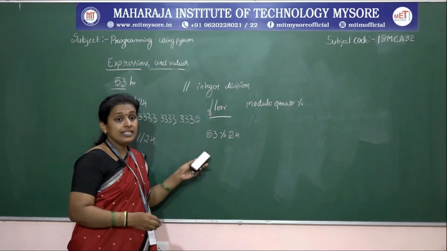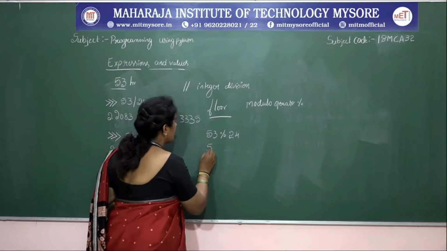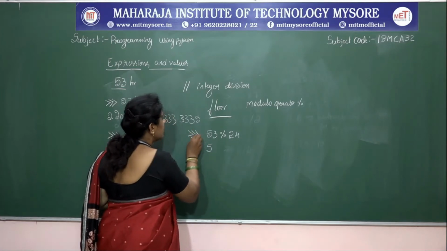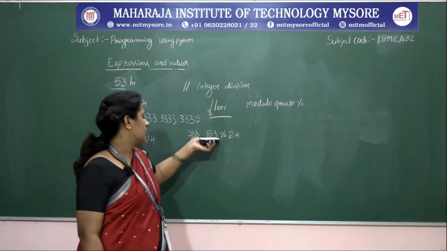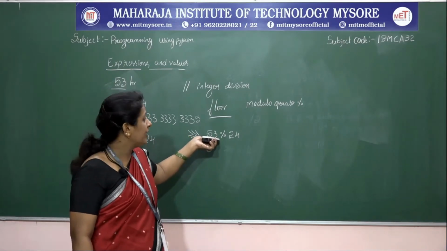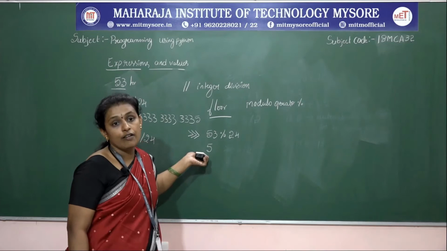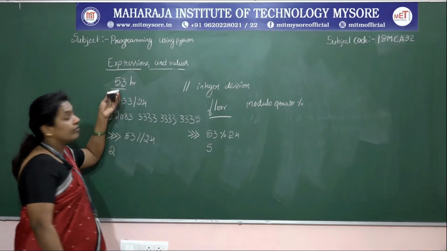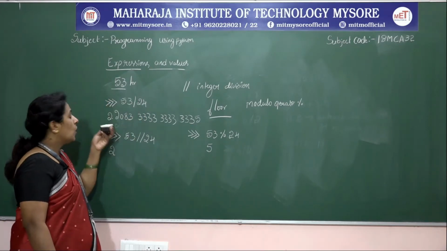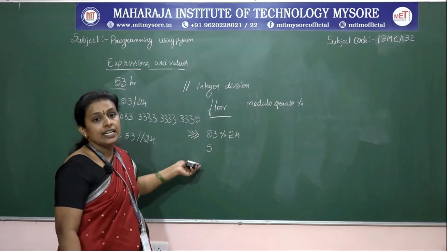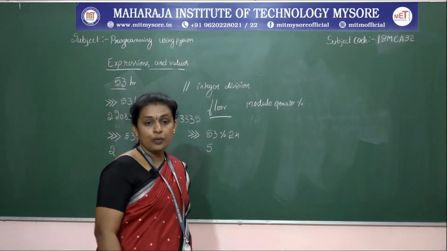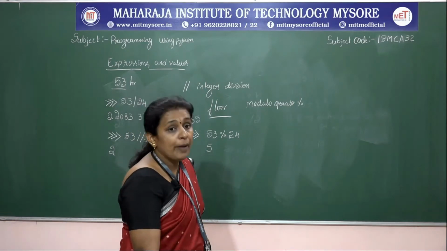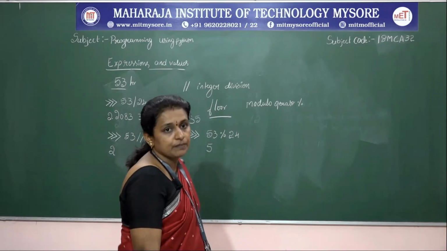The remainder is 5. Okay. So when I perform the remainder operation, I get 5. So with respect to the given 53 hours, there are 2 days 5 hours. Okay. So this modulus operator will give the remainder of the division.